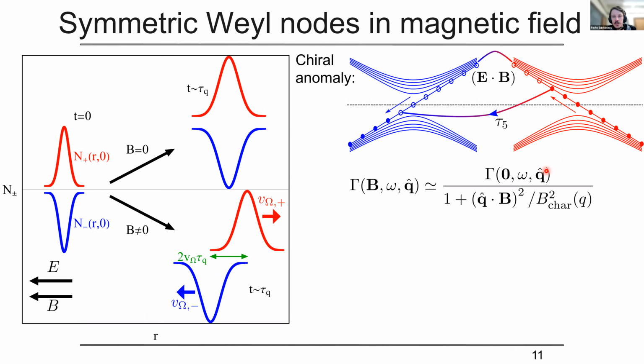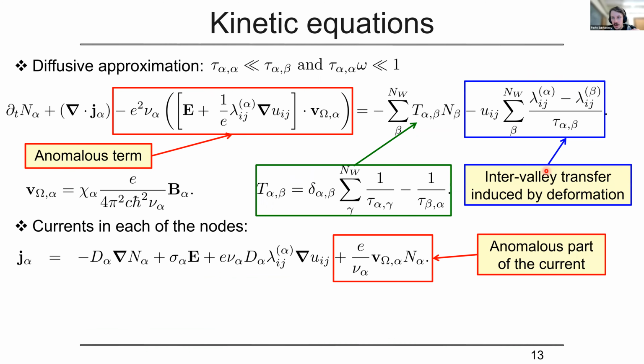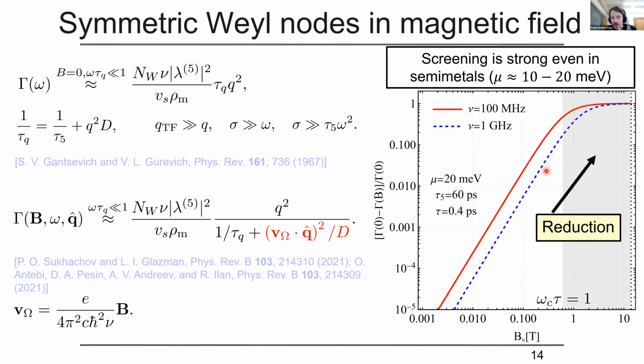Screening will be already quite efficient in 3D Weyl semimetals. So we can be maybe around 5 to 10 millielectron volts from the Weyl nodes. Actually, I was using 20 millielectron volts here. If you go higher, yes, screening will become even more effective, but we are risking deviating from the Weyl nodes, and the definition of the chiral charge will become less prominent.